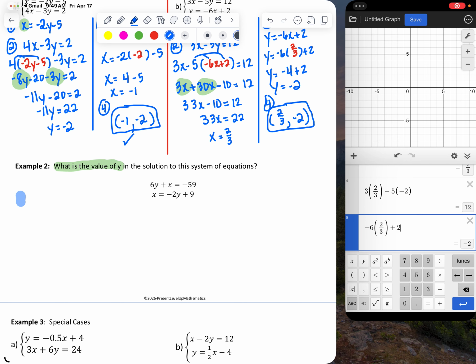Step one, identify one of the equations that's in x equals or y equals form. So here we have an x equals form, negative 2y plus 9. Step two, write your other equation.